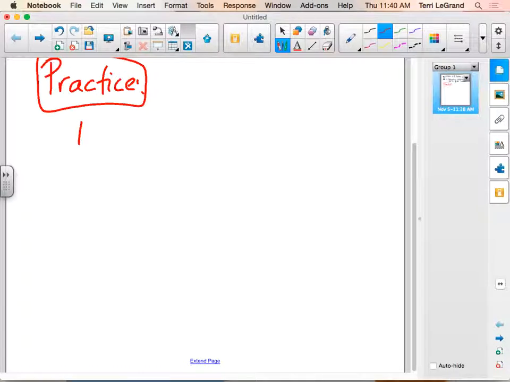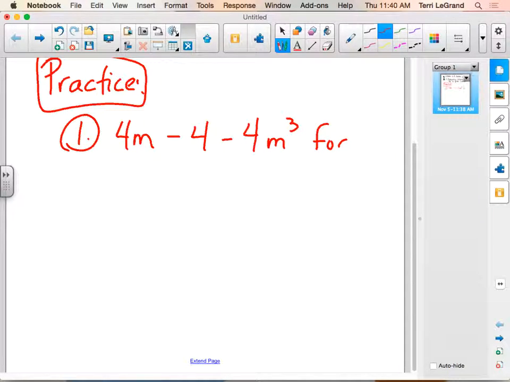Number one. Write down the following polynomial. So we're going to evaluate 4m, subtract 4m cubed, and maybe we should just put a box around this to kind of separate it out from the polynomial.